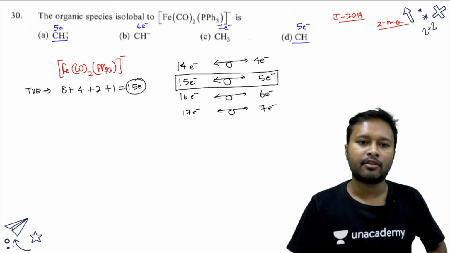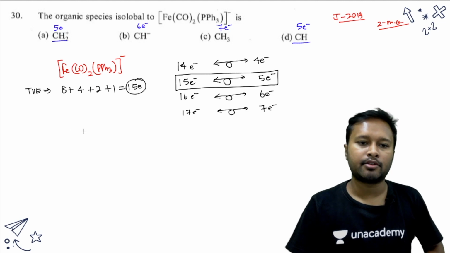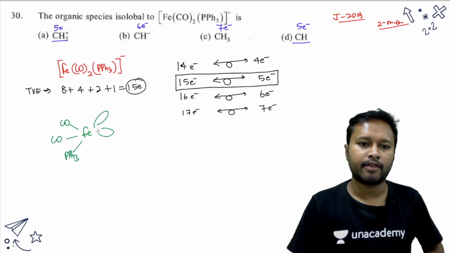Three positions are coordinated, but 3 spaces are empty. So iron has CO and PPh3, and it has 3 vacant sites.